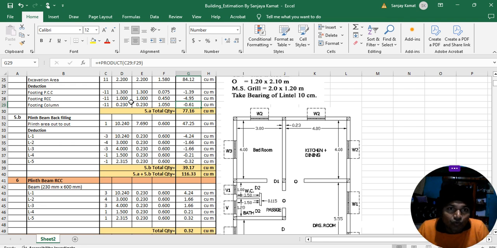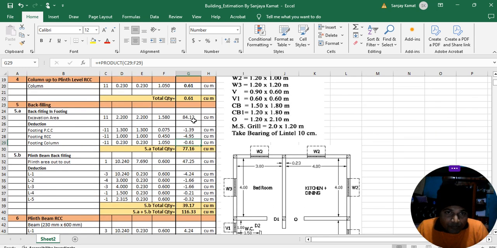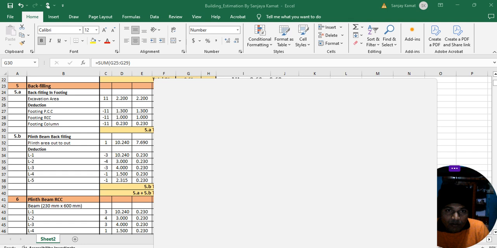So overall, if you subtract minus 1.39, minus 4.95 and minus 0.61 from 84.12 cubic meter, how much will it come? 77.16 cubic meter. Okay, this much it will come.